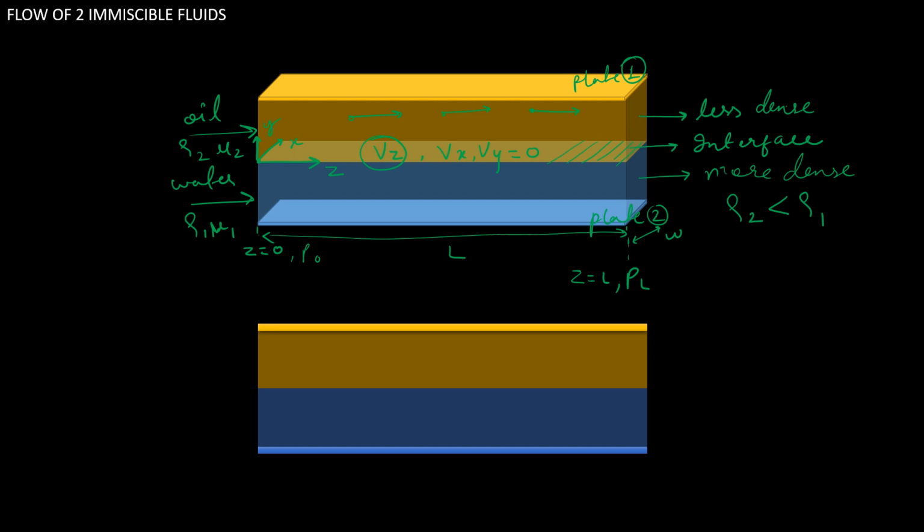So, if you see velocity distribution, it's considered in x direction and in z direction. Velocity distribution is like this.